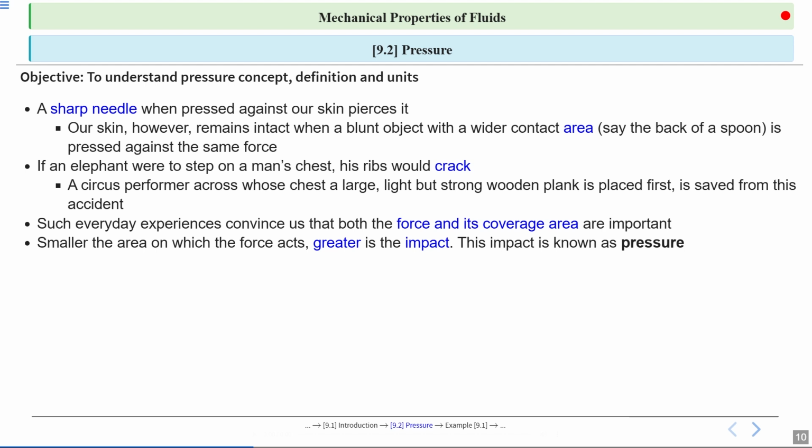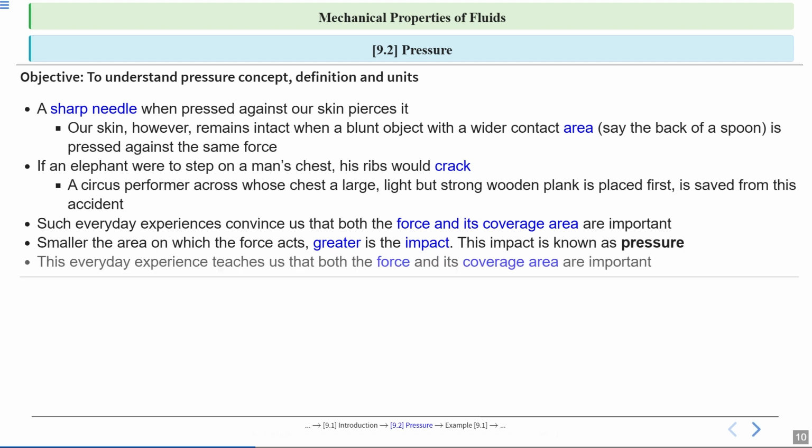This impact is what we define as pressure. Our everyday experiences teach us that both the force and its coverage area are important in determining pressure. This foundational concept will help us as we delve deeper into the mechanical properties of fluids in future lessons.